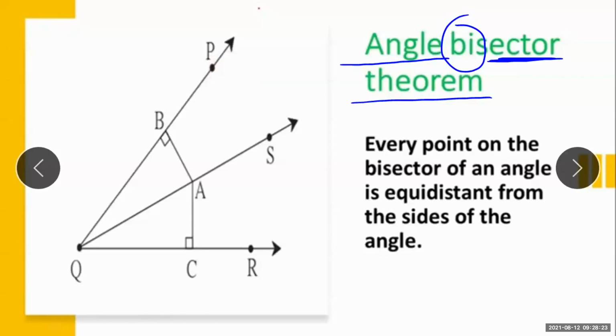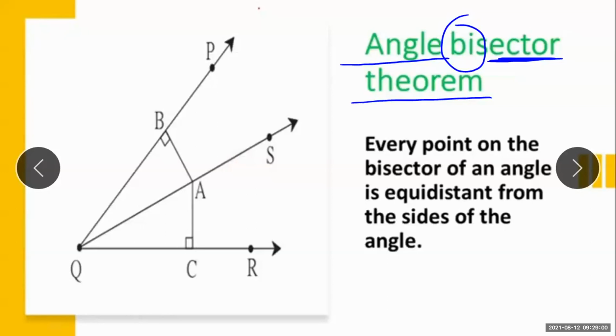Now ray QS intersects the given angle, and because of this ray QS, the angle is divided in two equal parts. So the two angles formed are angle PQS and another angle SQR. These are the two angles of equal measurement.